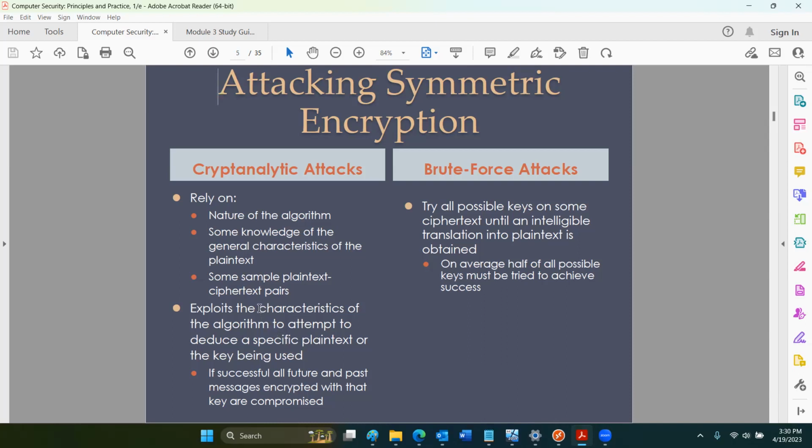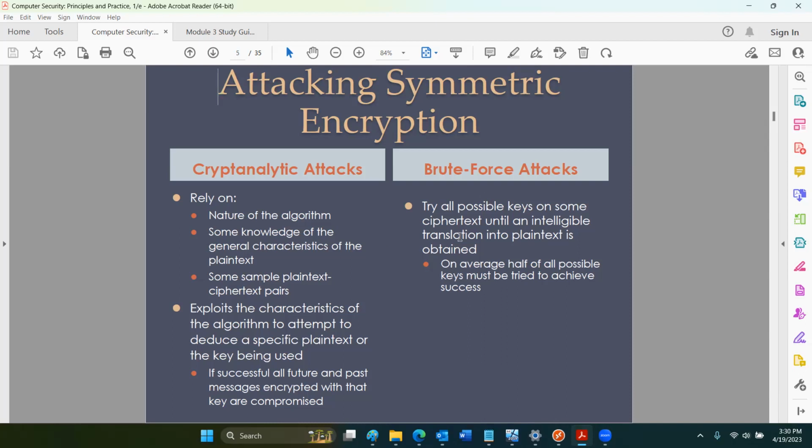There's a rigorous study of the output versus the input, and they use supercomputers to analyze the input and the output to discern some kind of pattern between them, to try to infer or deduce how this encryption key works.